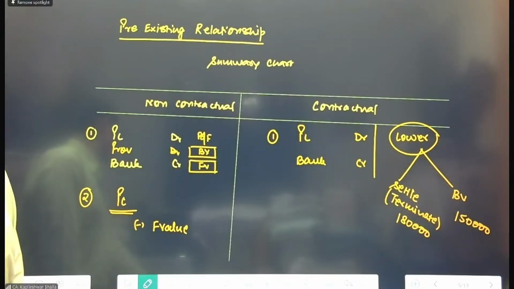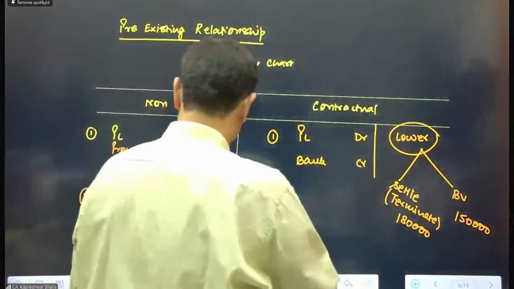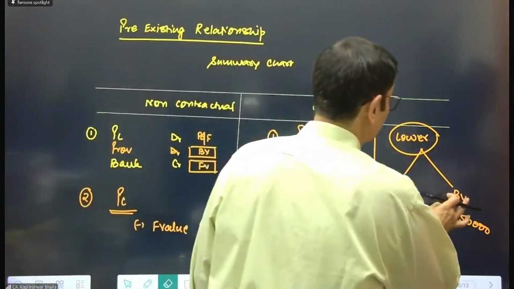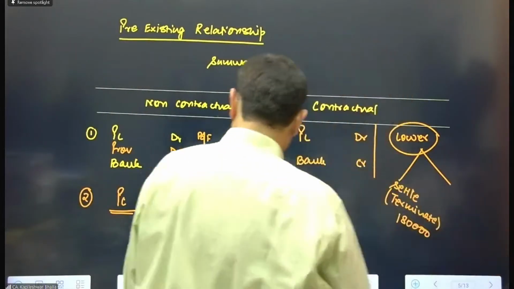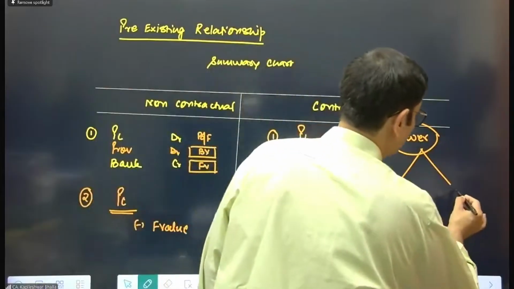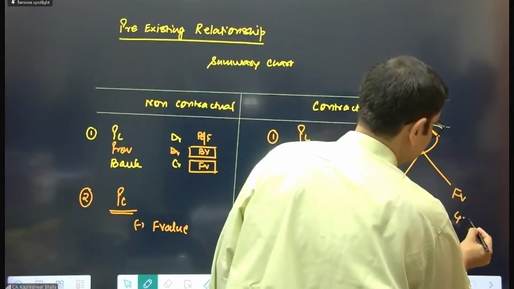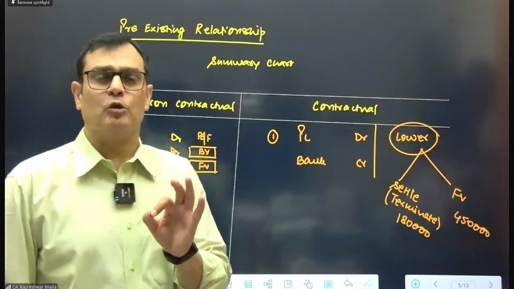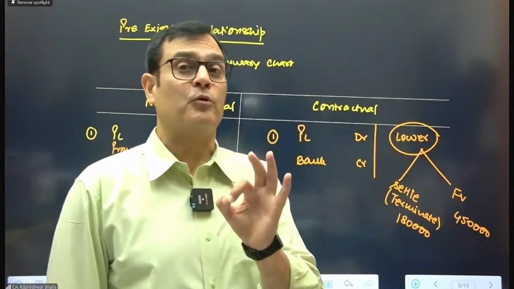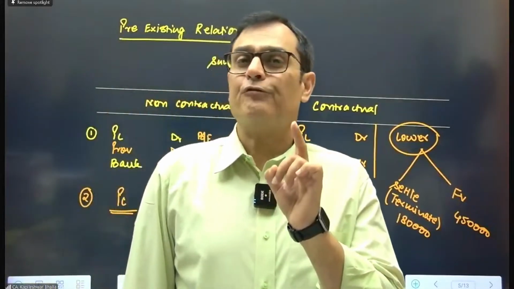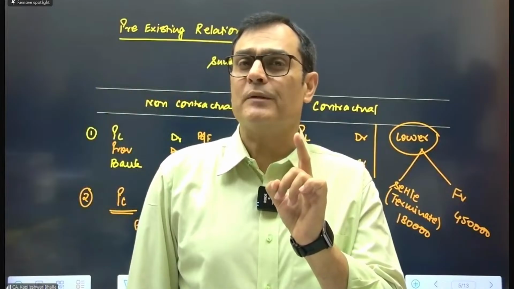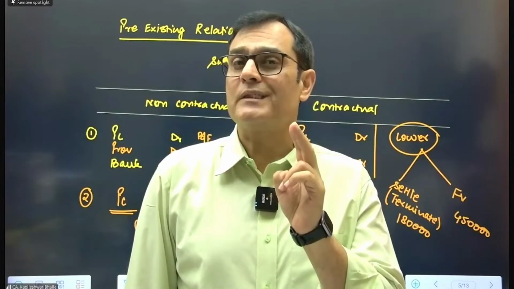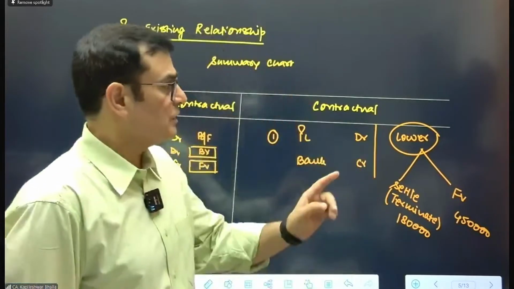Sorry, not the book value, I'm afraid, the fair value. What is the fair value of this asset? That is 4,50,000. So the amount to be recorded before the acquisition date is the fair value of that intangible asset or the amount paid to settle, terminate the agreement, whichever is less.